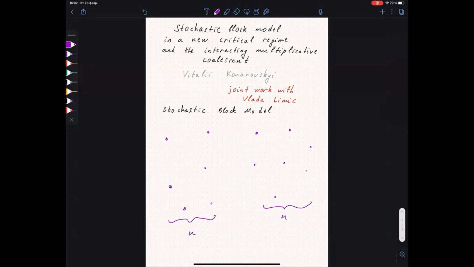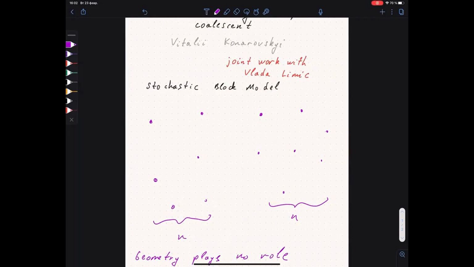Also, the geometry plays no role. We just assume that vertices are labeled by 1, 2, 3, and so on. For convenience, let's assume that vertices from one block are numbered by odd numbers, and vertices from the other block are numbered by even numbers.